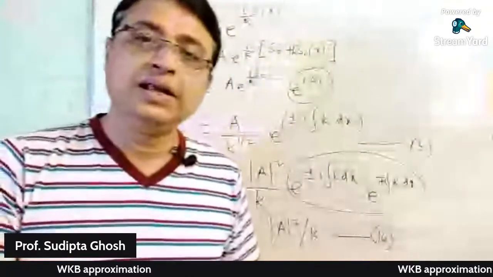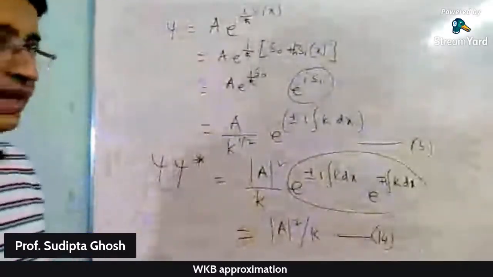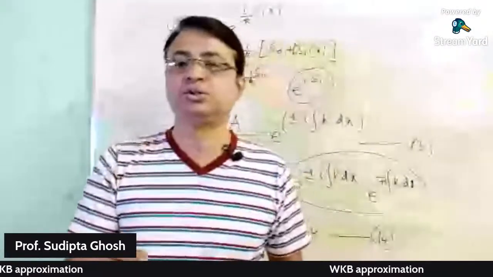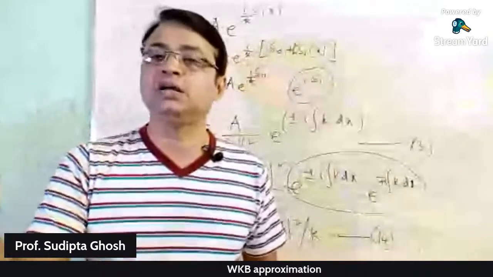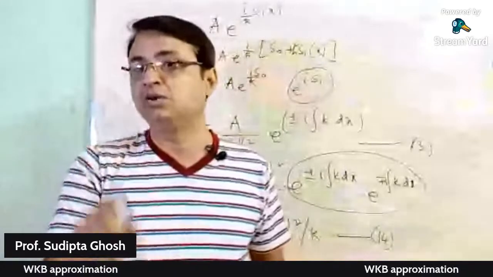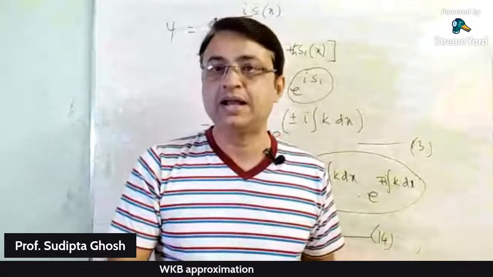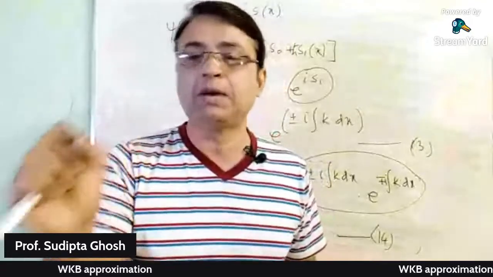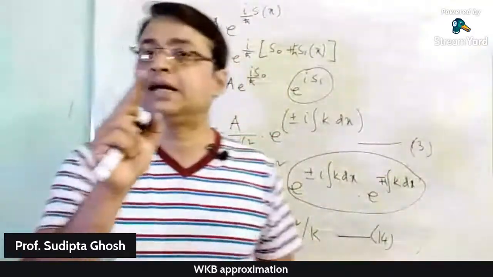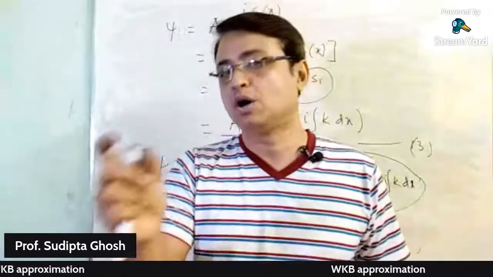Now for E greater than V(x), the basic equation I have taken is d2 psi dx2 plus k square psi equals 0, where the value of k square, remember, is twice m by h cut square, and then comes the term E minus V(x). There we consider that the energy of the particle is greater than the potential value of the region.